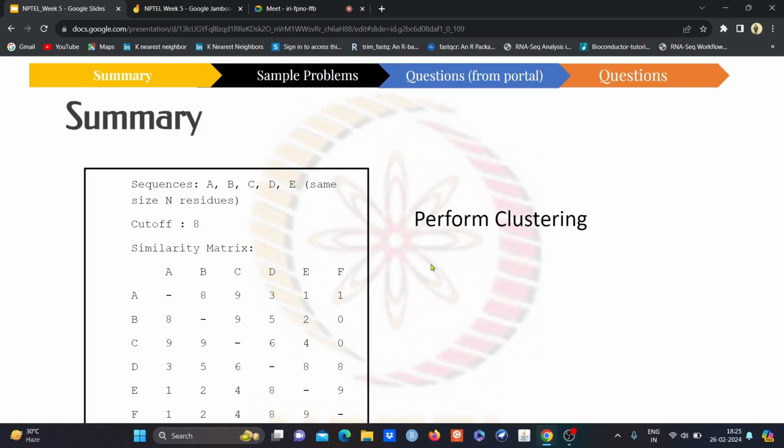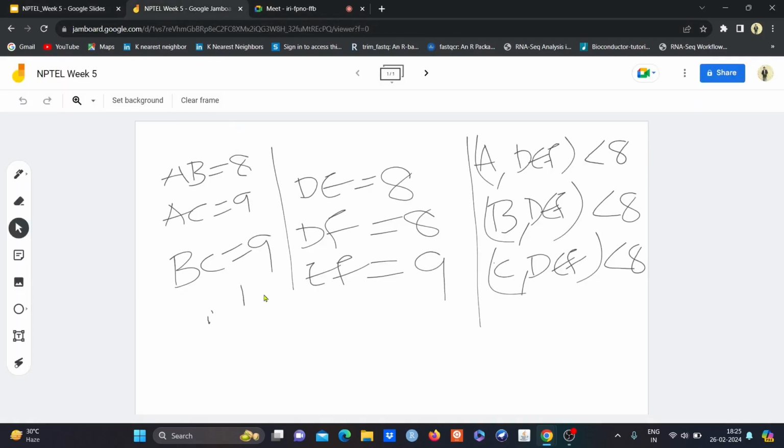Okay, I'll move on. So we'll try to build a cluster following this. Here I have already grouped pairs of sequences that share more than the sequence identity threshold.